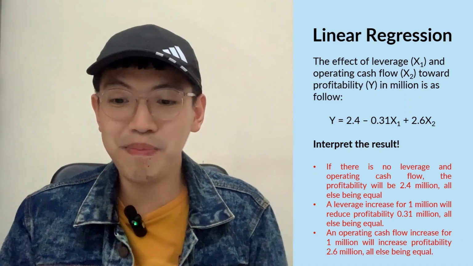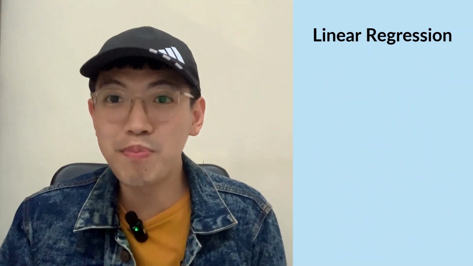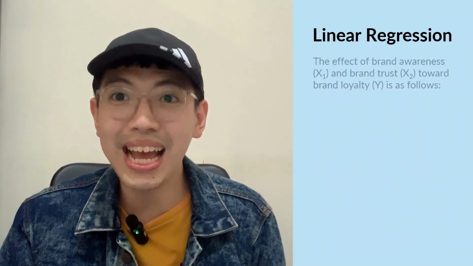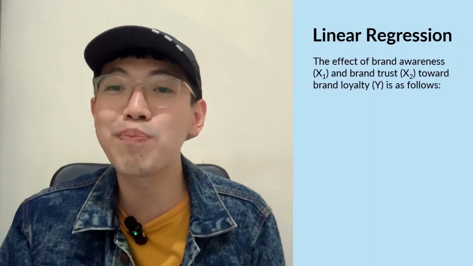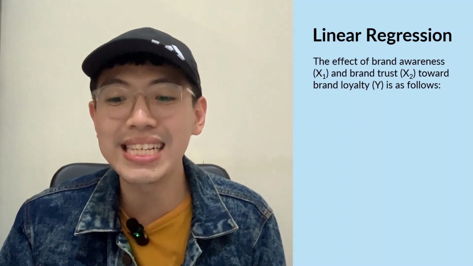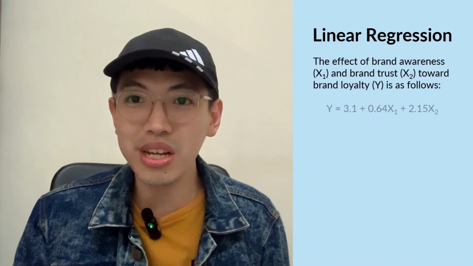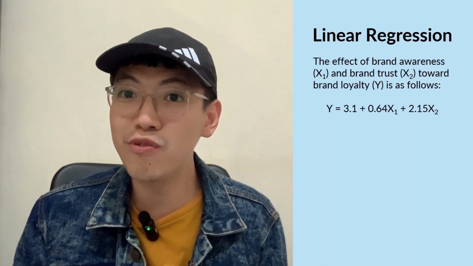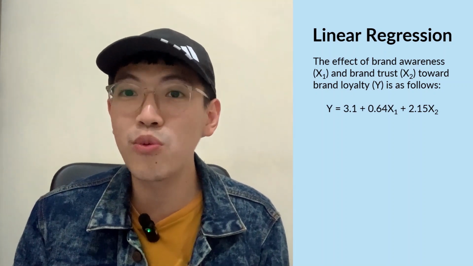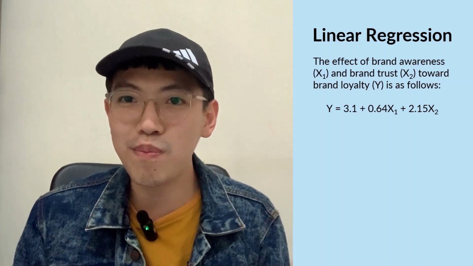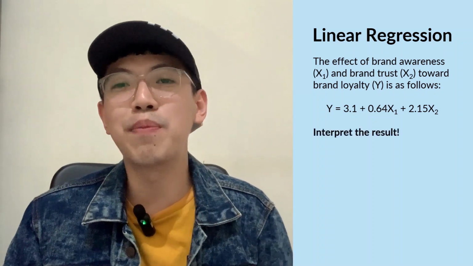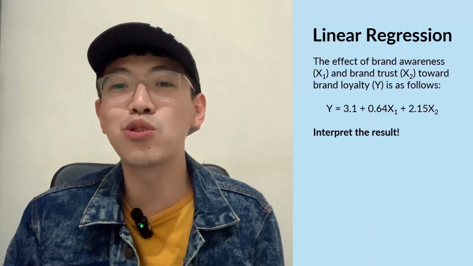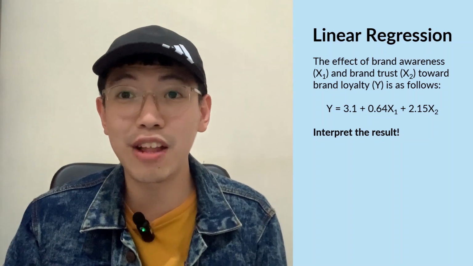The other example. The effect of brand awareness x1 and brand trust x2 toward brand loyalty, the y, is as follows. Y equals 3.1 plus 0.64 x1 plus 2.15 x2. Interpret the result. We know that brand awareness, brand trust, and also brand loyalty are latent variables.